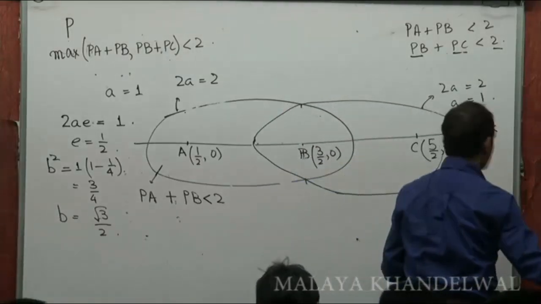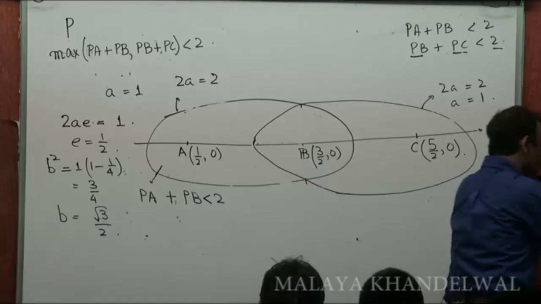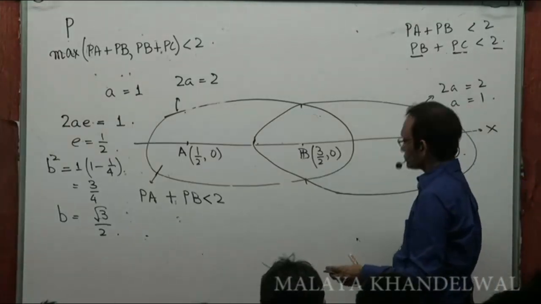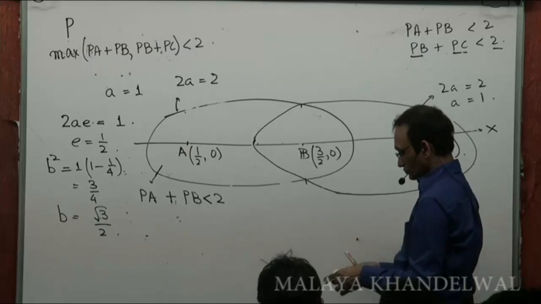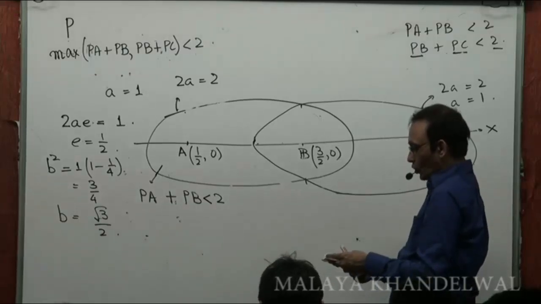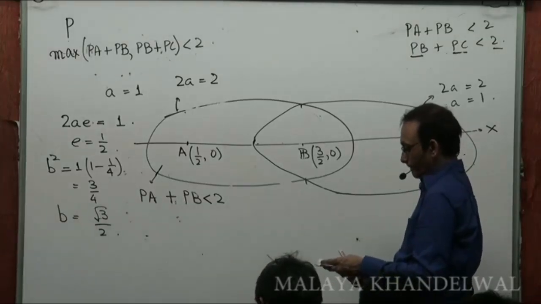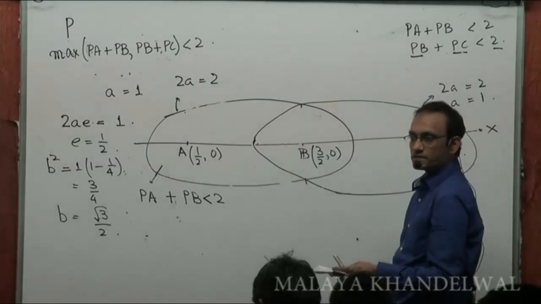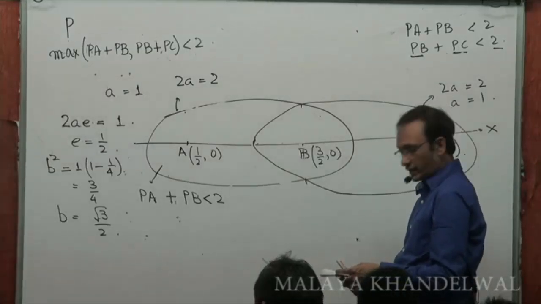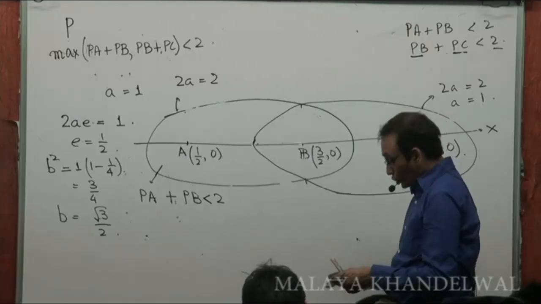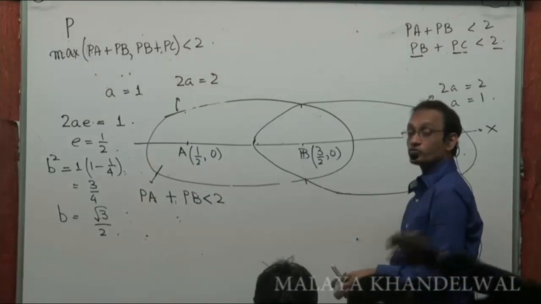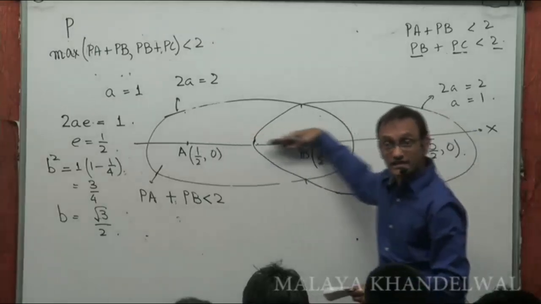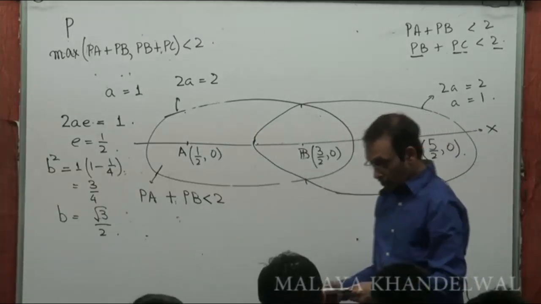Now, number 15. All points P are common to two ellipses, right? The locus of P is symmetric about the x-axis, right?